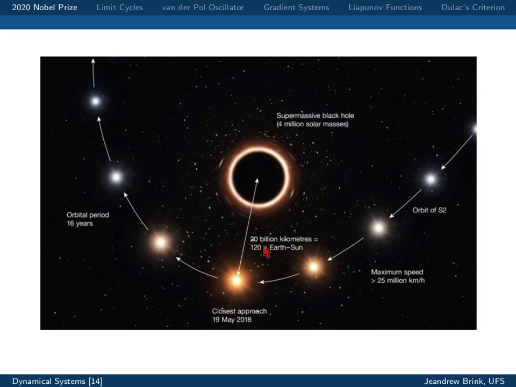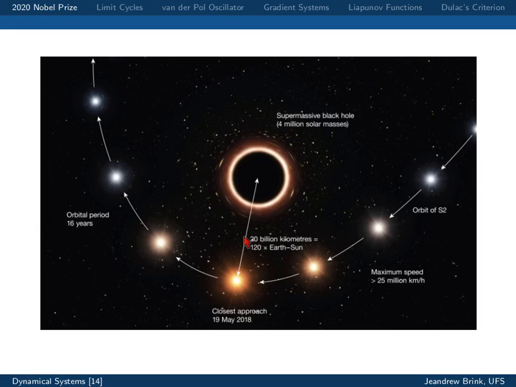Basically, this distance is 120 times the distance from the Earth to the Sun. This is how close the stars get to the black hole. So it's much further away than the Earth is to the Sun, like 120 times, but it is much, much more massive. The central thing that came from their measurements is that it's roughly 4 million solar masses that these stars are rotating around.